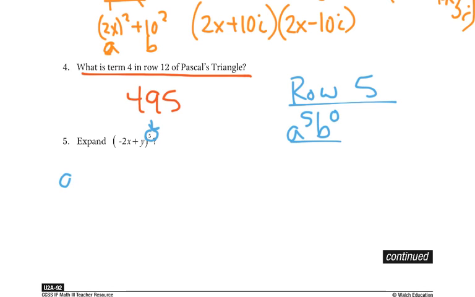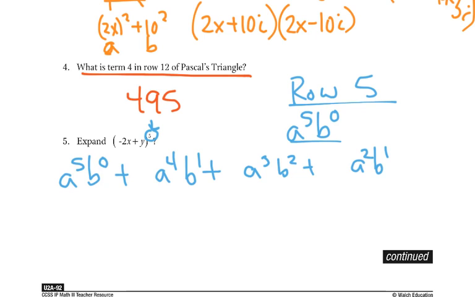So I know it's going to be something a to the 5th, b to the 0, plus something a to the 4th, b to the 1st, plus something a to the 3rd, b to the 2nd, plus something a squared, b to the 3rd, plus something a to the 1st, b to the 4th, plus something a to the 0, b to the 5th. Right? Because that's the pattern.